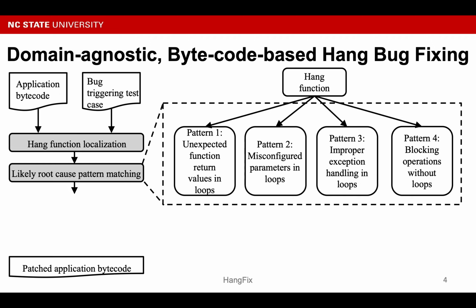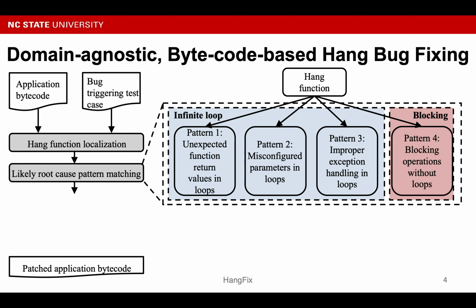The infinite loop caused by unexpected function return value. The infinite loop caused by misconfigured parameters. The infinite loop caused by improper exception handling, and blocking operations without any loops. The first 3 patterns are related to infinite loops, and the last one is related to blocking operations.